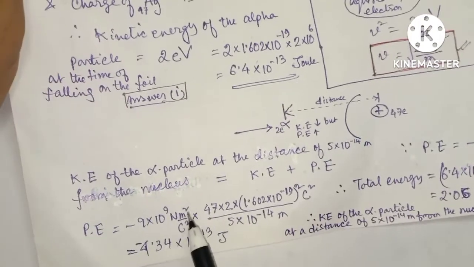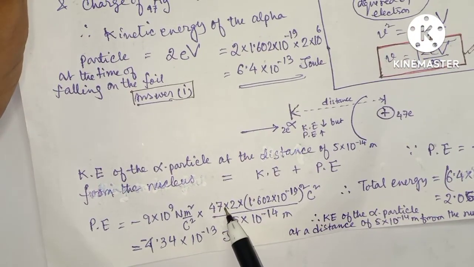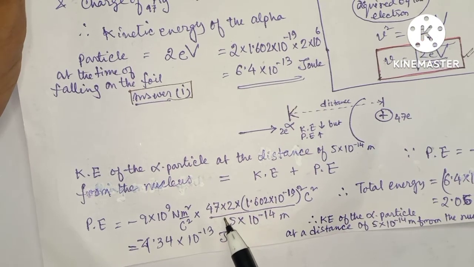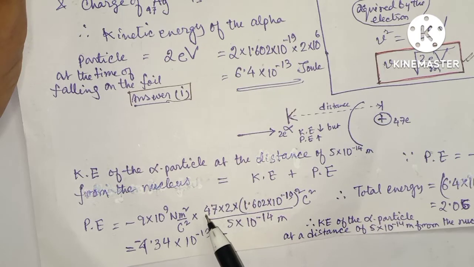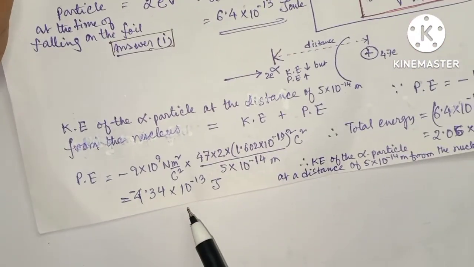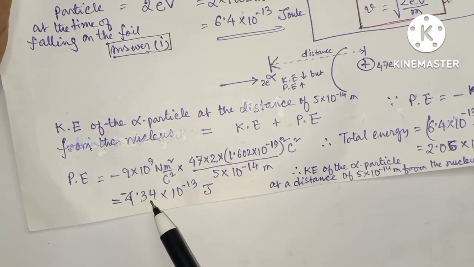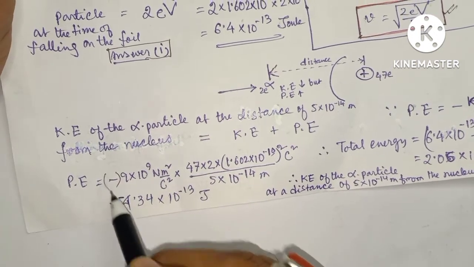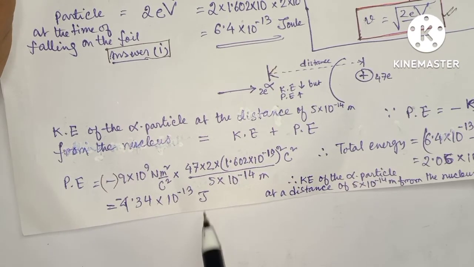So putting all the values of kappa and nuclear charge of the silver atom, we get minus 4.34 into 10 to the power minus 13 joule.